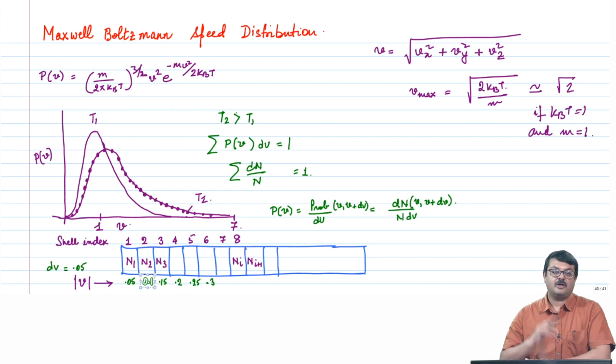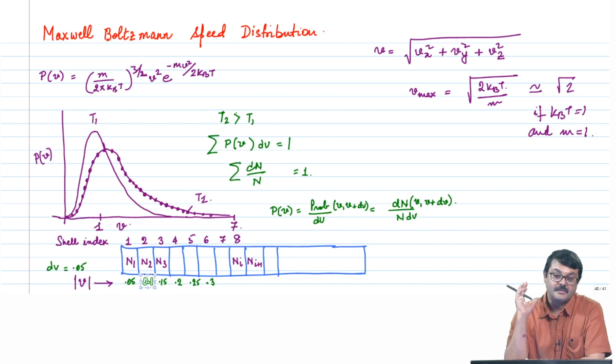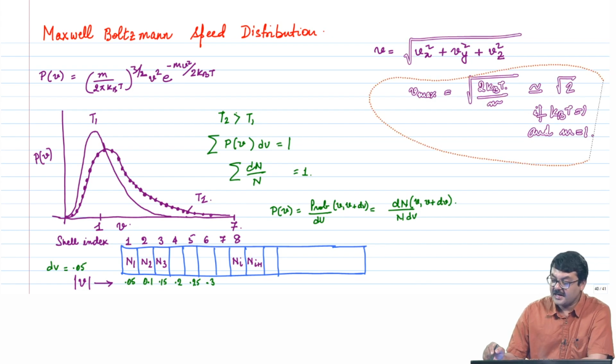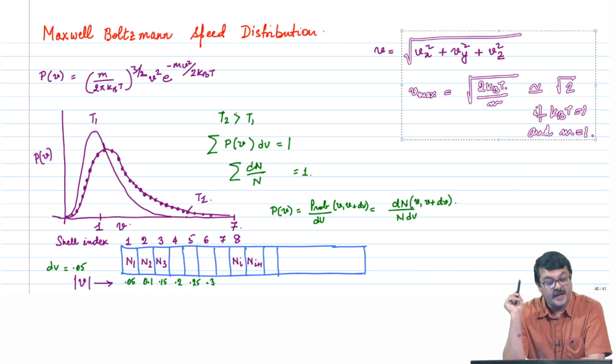So again, what will be the size of the array, because you have to initialize it, how can you estimate it? Now, we were working with essentially kBT equal to 1 and mass equal to 1.